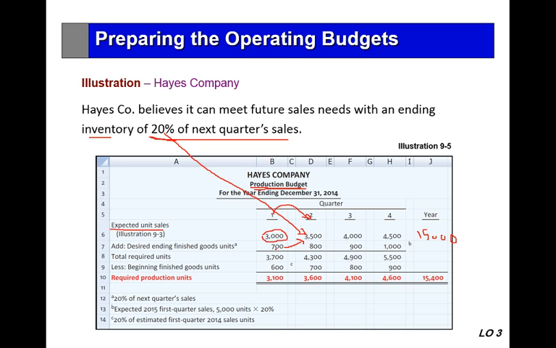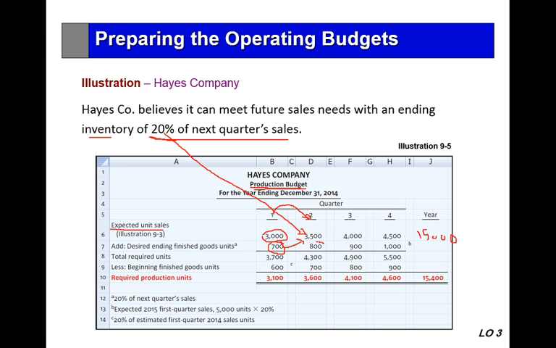Then the ending inventory for quarter 1 is 20% of the second quarter, 20% multiplied by 3,500 equals 700 units. This is the desired ending inventory for the first quarter.